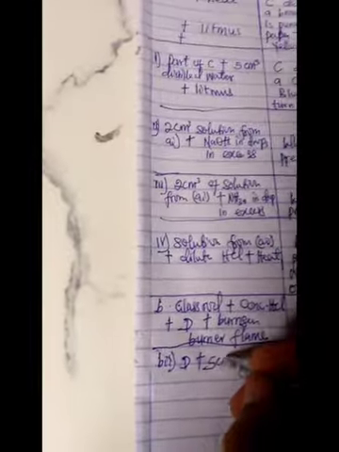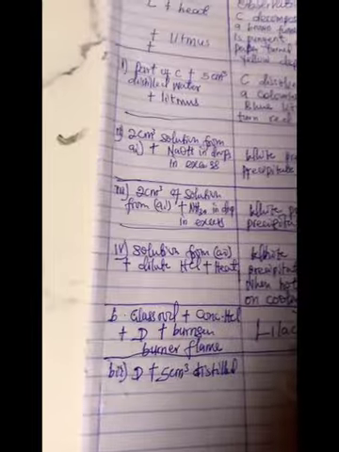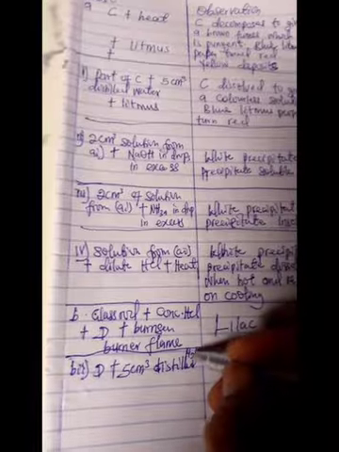So we'll now be asked to dissolve D. So say D plus 5 cm cube distilled water, H2O, then plus litmus.